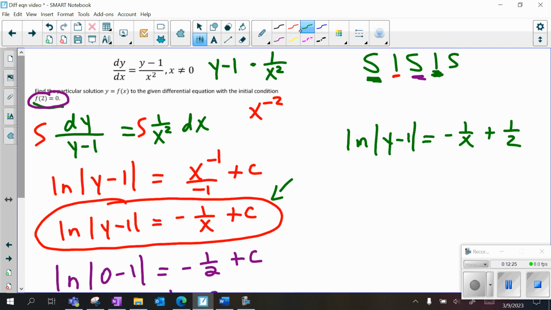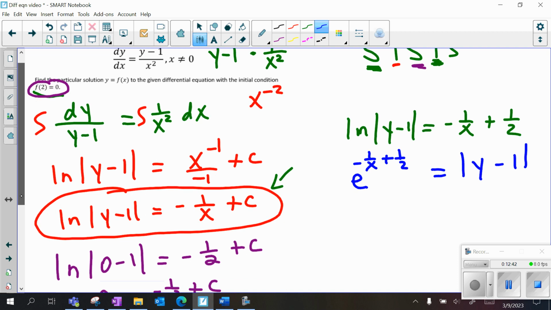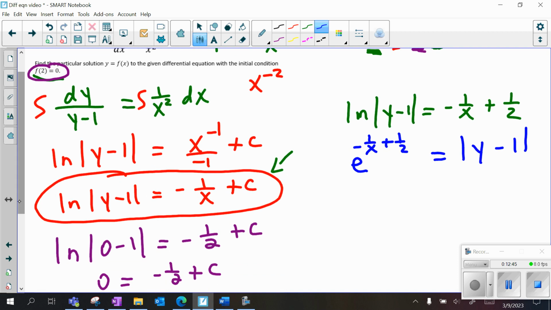Let's get y all by itself. y is stuck in a log, so write it in exponential form. Equals absolute value of y minus 1. And now, to get it out of the absolute value, it's plus or minus e to the negative 1 over x plus 1/2 equals y minus 1.